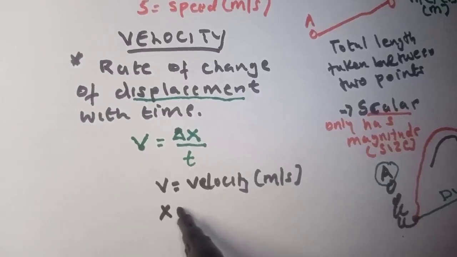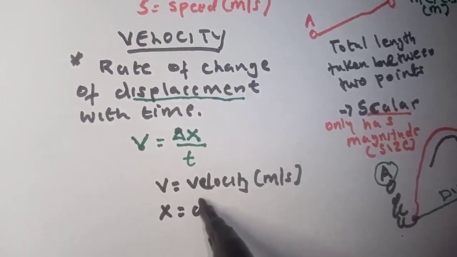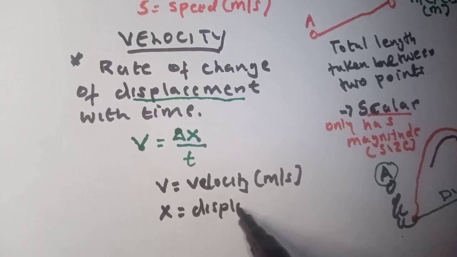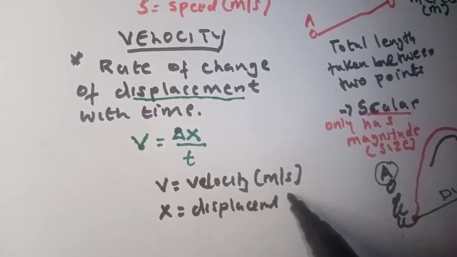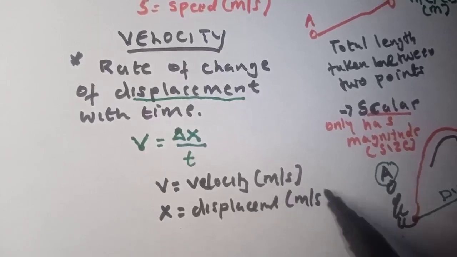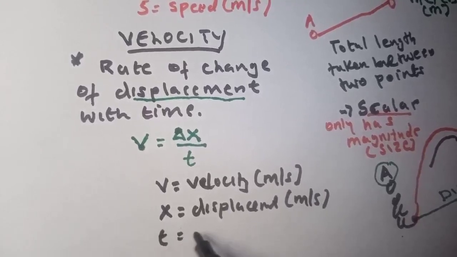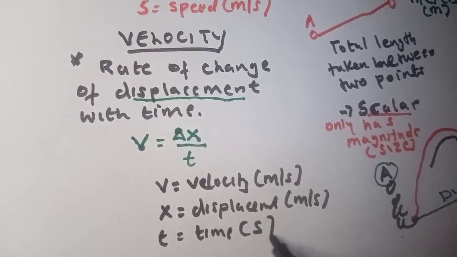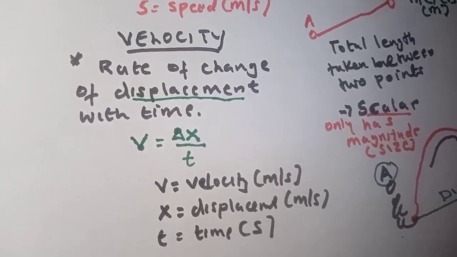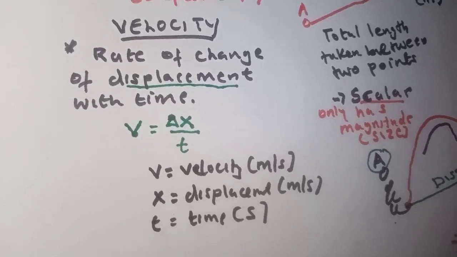X is equal to displacement, SI unit meters. T is equal to time, SI unit seconds. So this is what we call velocity.